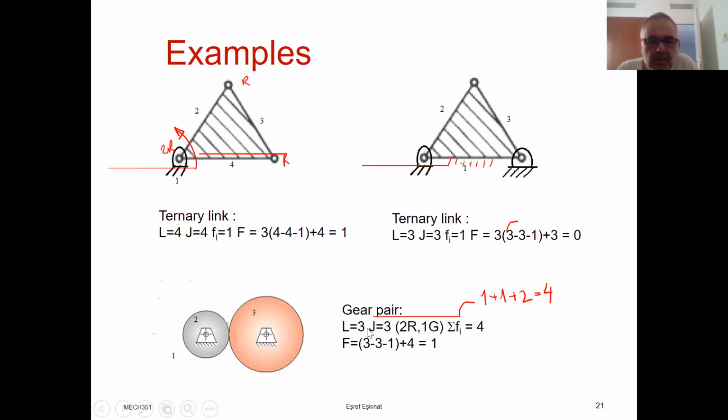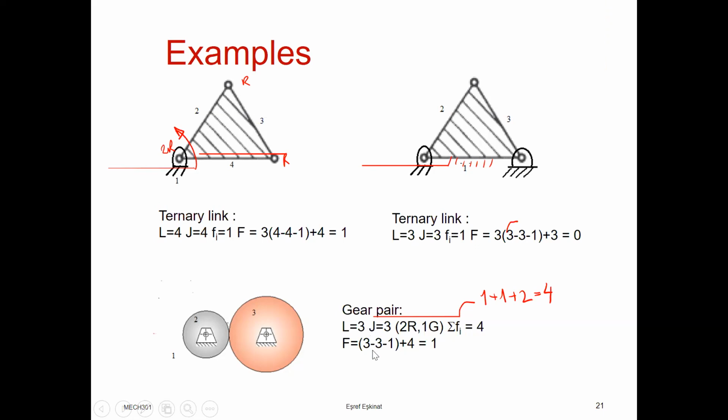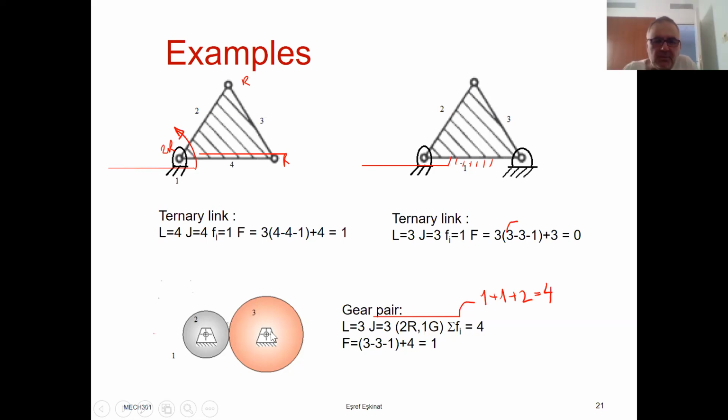So if you connect them with revolute joints and mesh them to each other like this, you see that the gear pair as a mechanism has a degree of freedom of 1, which we expect actually. The degree of freedom of the gear mechanism and the gear joint are different. That's what I try to say here.